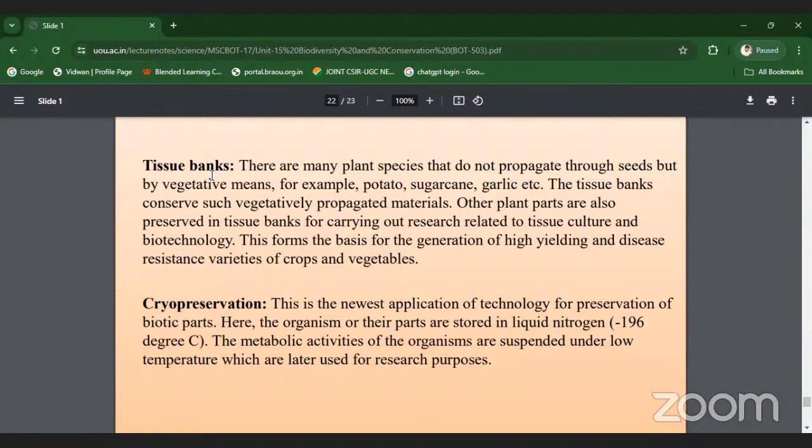Cryopreservation is the newest technology for preserving biotic parts, whether germplasm, seed bank, or tissues. The parts are stored in liquid nitrogen at minus 196 degrees centigrade. The metabolic activities of the organism are suspended under low temperature, and the material is later used for research purposes.